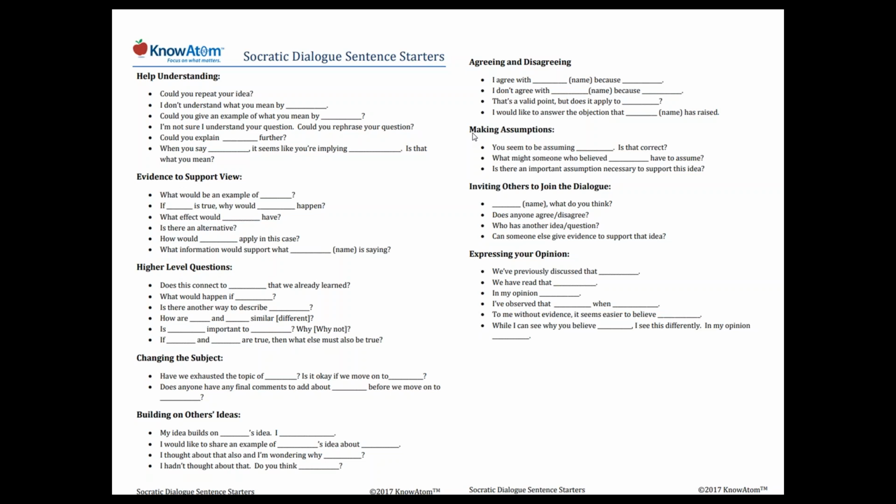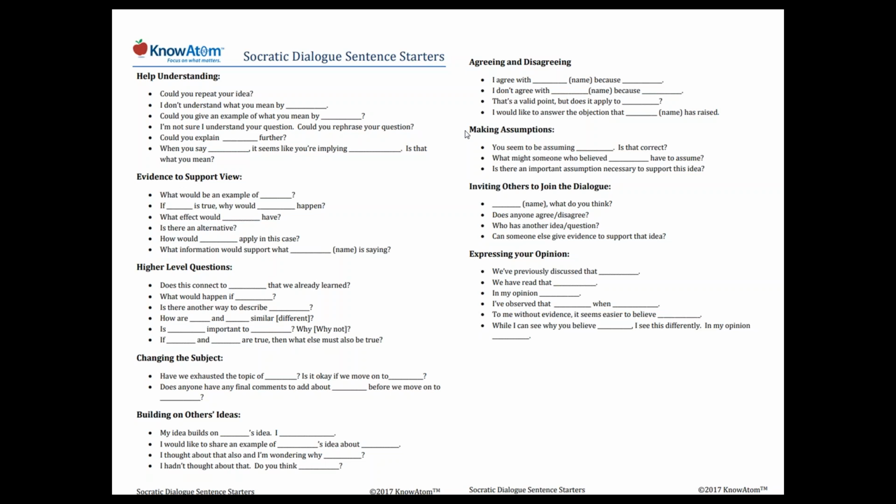If we believe somebody's making an assumption, or if we believe somebody needs to be involved in the discussion who hasn't had a chance to contribute, or who we think may have a different idea, and then expressing opinion. These are the key areas.